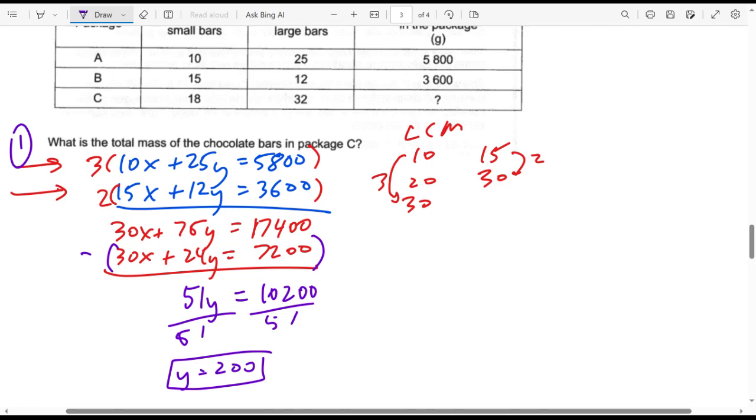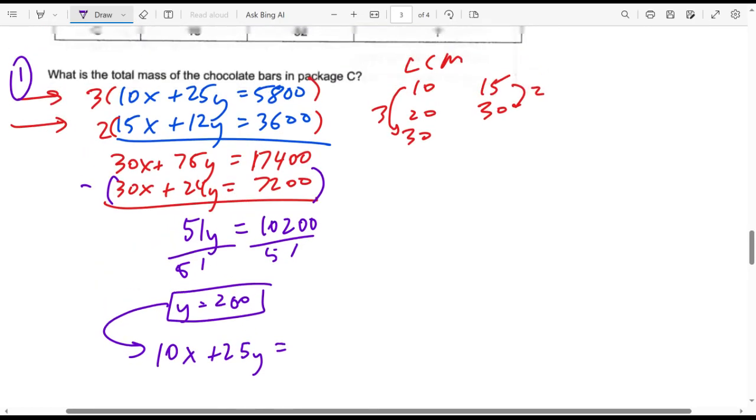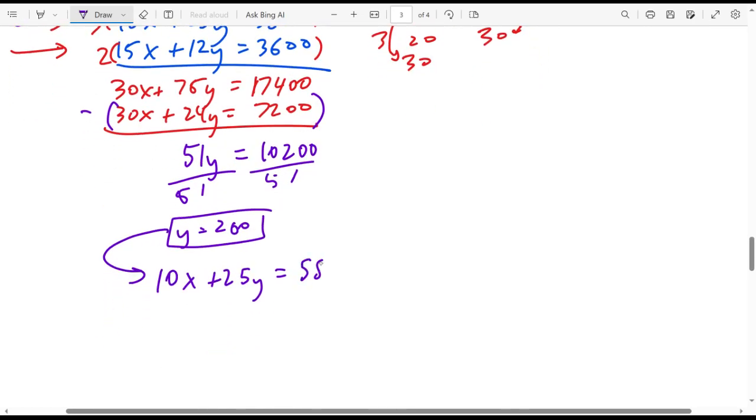We've multiplied to eliminate. And then from here, I'm just going to plug this into one of the original equations. So we're going to plug it into 10x plus 25y is equal to 5,800.